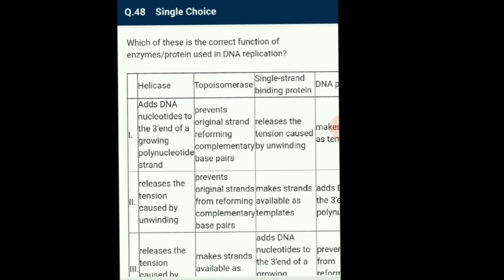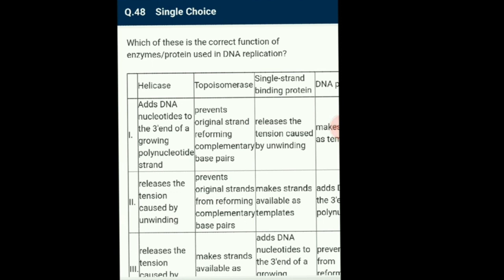DNA polymerases are responsible for synthesizing DNA. They add nucleotides one by one to the growing DNA chain that are complementary to the template strand. Helicase's job is to move the replication fork forward by unwinding the DNA. It does so by breaking the hydrogen bonds between the nitrogenous base pairs.